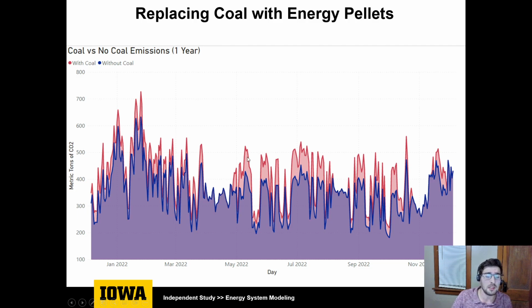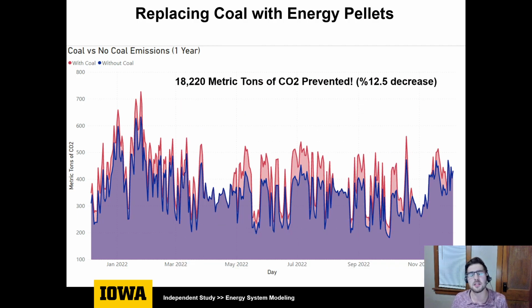But at the peaks, when we're burning coal to meet demand, or because we ran out of money in the budget, or for whatever reason, if we use energy pellets again, we can shave these peaks off and have an impact on our system's carbon emissions.